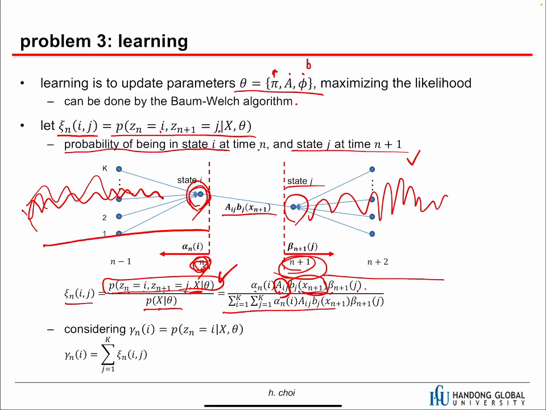And then we have to normalize, okay? So if you look at this gamma and psi, the difference is just the j, right? So if we just marginalize psi over j, then we can get gamma. Okay, that's one relationship between gamma and psi.